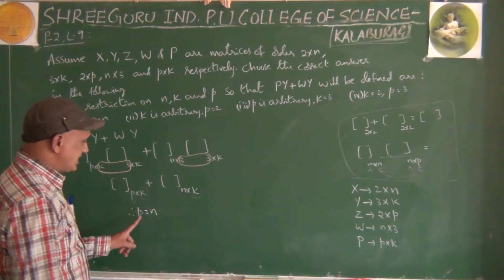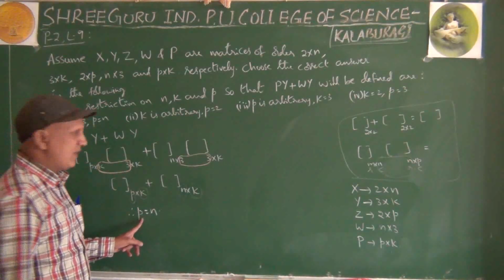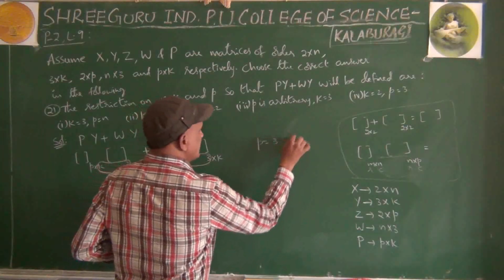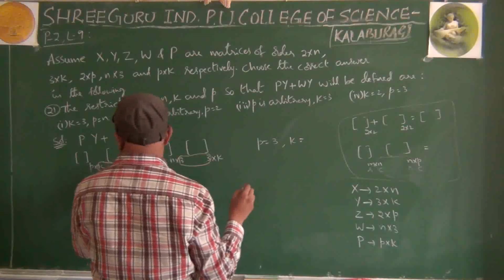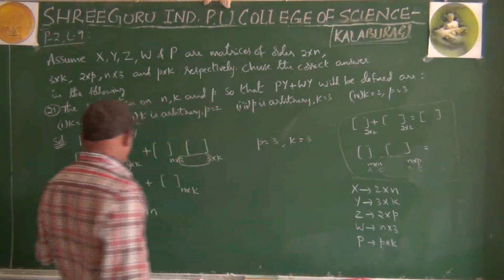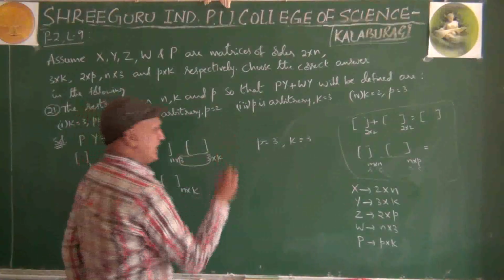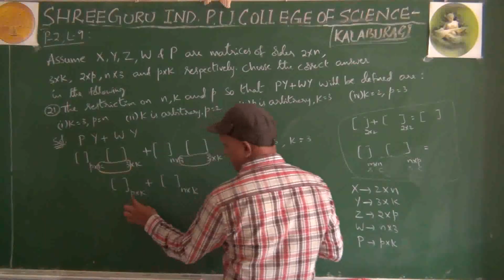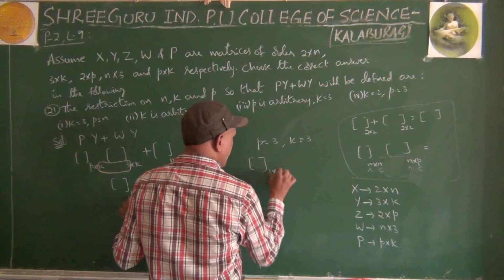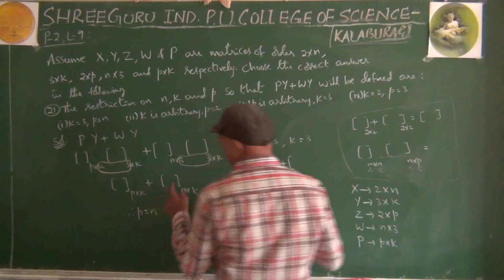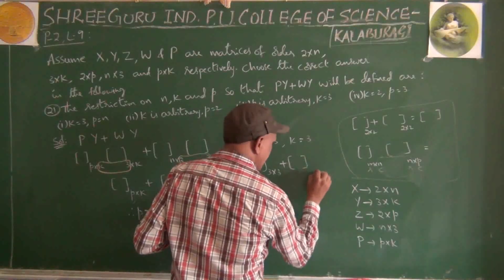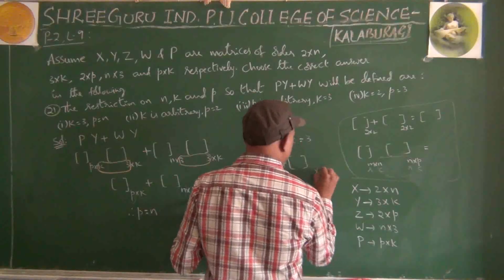Right? For example, p value 3 we have taken, and we got k value 3 already. Let us substitute here. This matrix is p value 3, k value 3, plus n value something, k value 3.